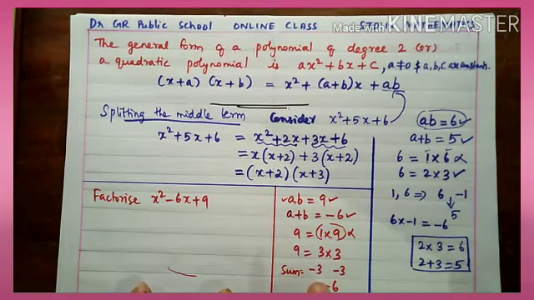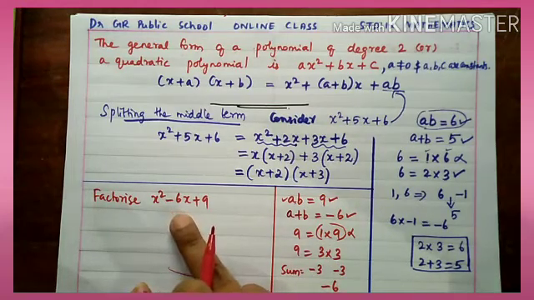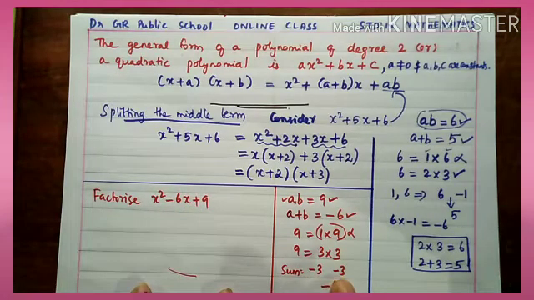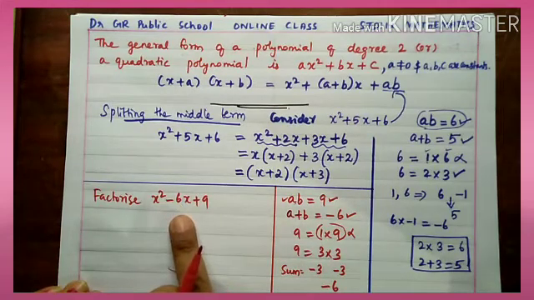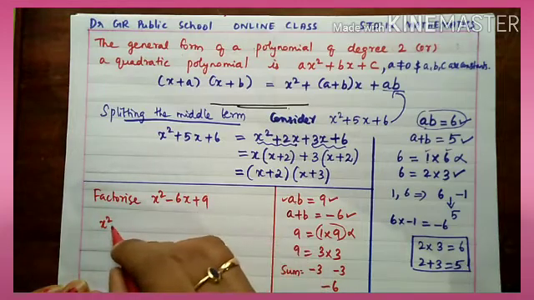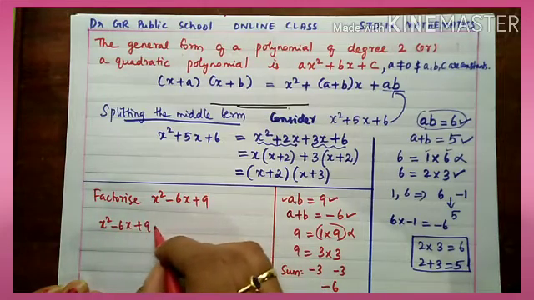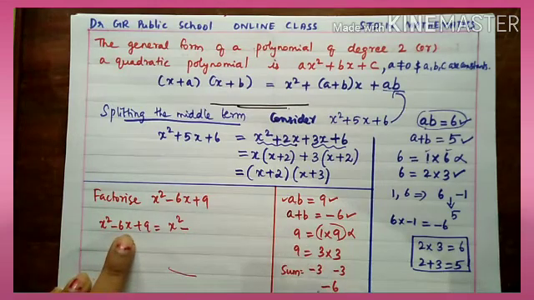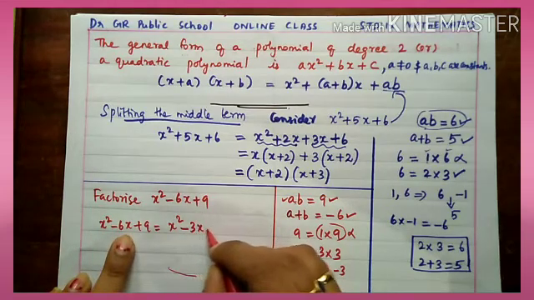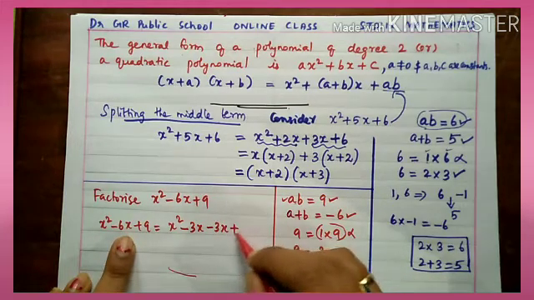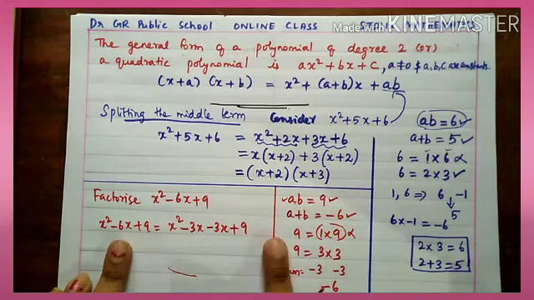Okay, so when we split the middle term of this polynomial, minus 6x, as minus 3x minus 3x, we will get the middle term. So how to do this then? x square minus 6x plus 9 is equal to x square, how am I writing, minus 3x minus 3x. Okay, then the last number 9. So we split the middle term.